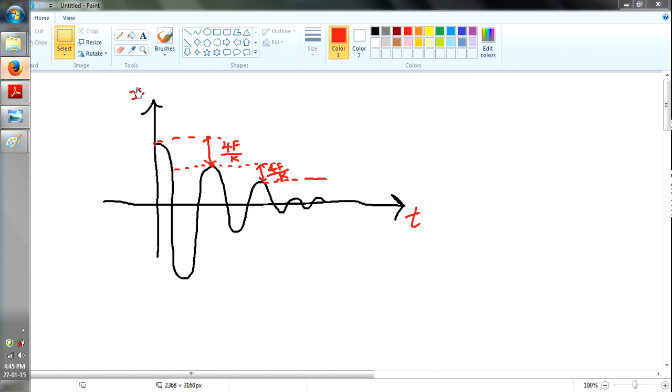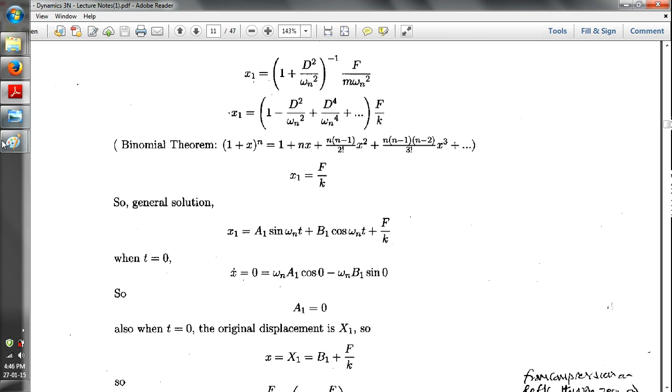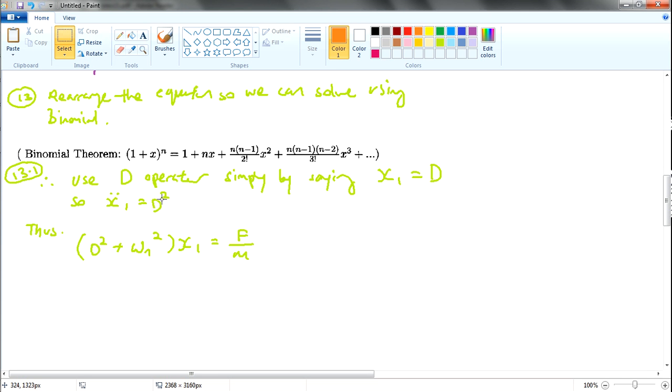If you were to sub into this equation, d² over dt² equals D². So this is how I get my D² over here.